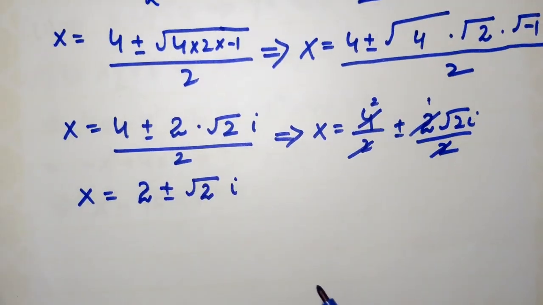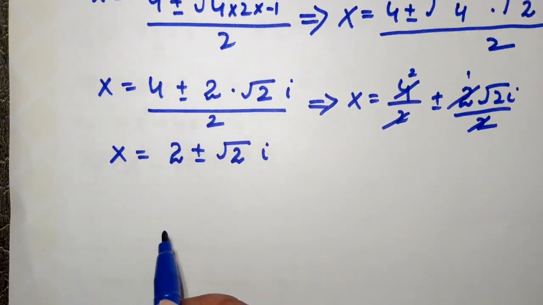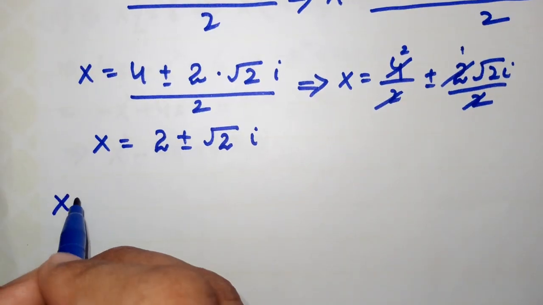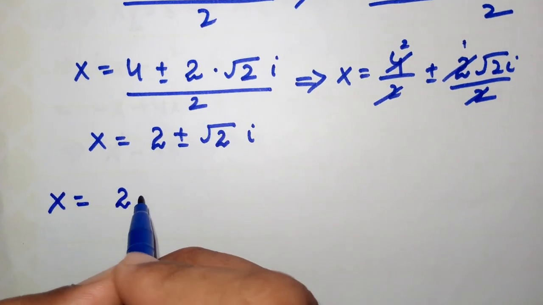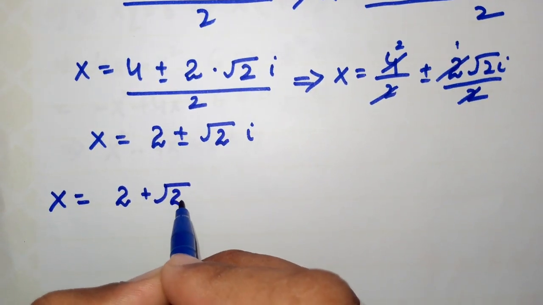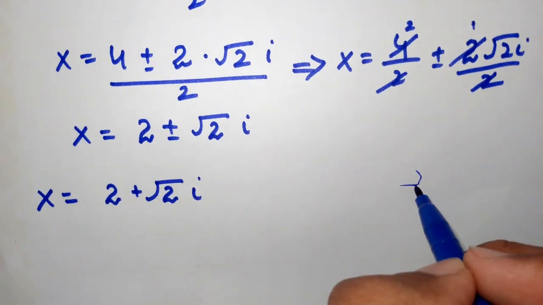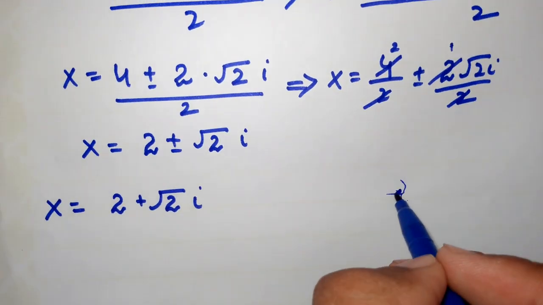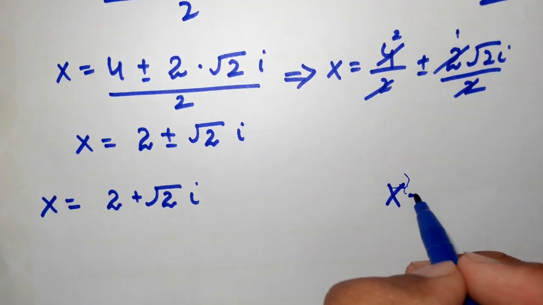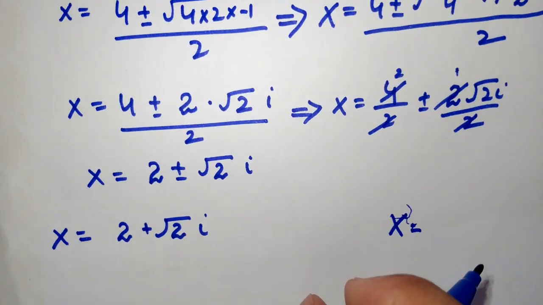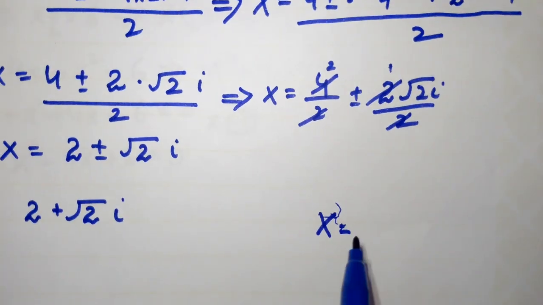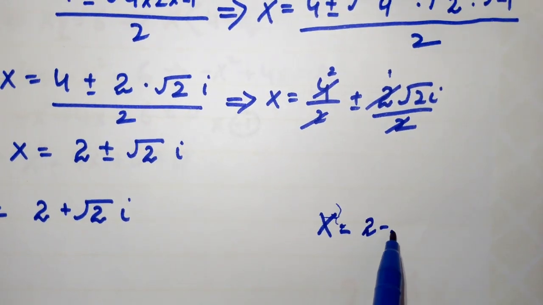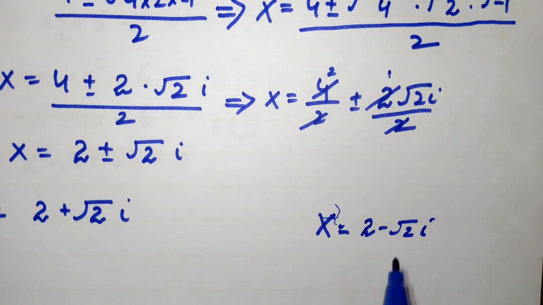So this is a complex number. Here we know that x is equal to 2 plus square root of 2i, and x is equal to 2 minus square root of 2i.